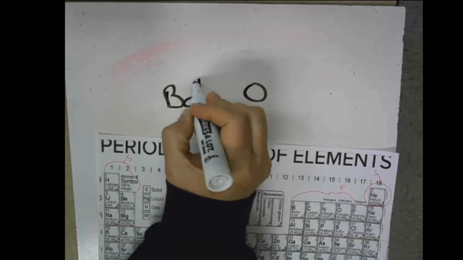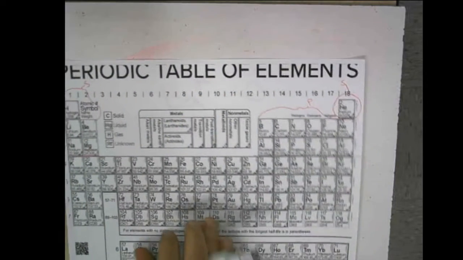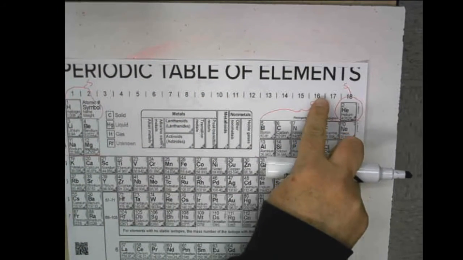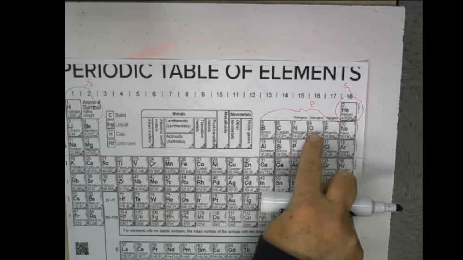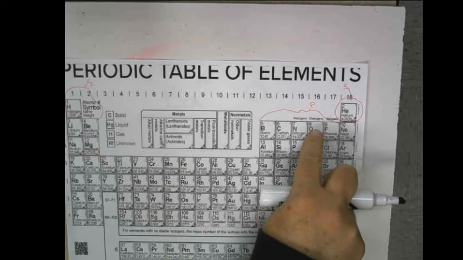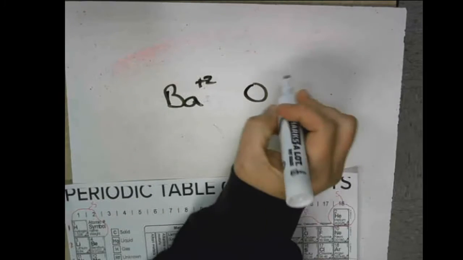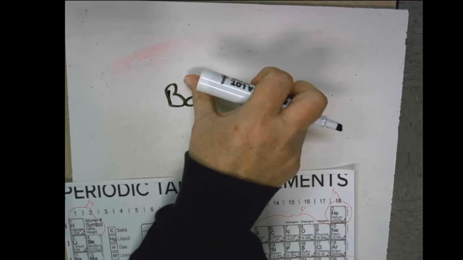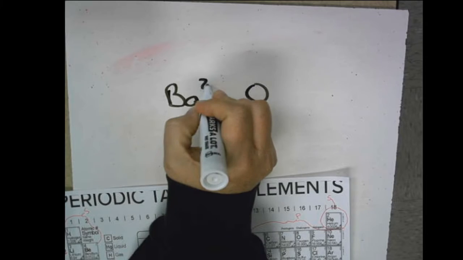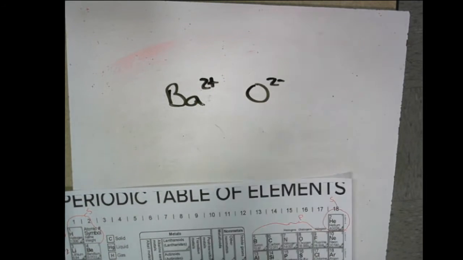So I will add that. And oxygen is over here. It's in group 16, and remember it's a -2. And you can always put those charges at the top if you forget. So, oops, I always write these backwards like in math. Here we write it like that. Okay, so there's barium oxide.